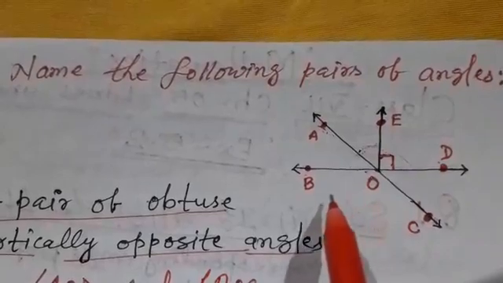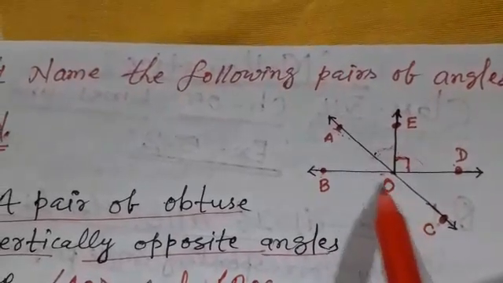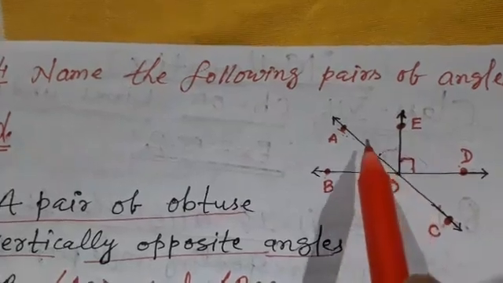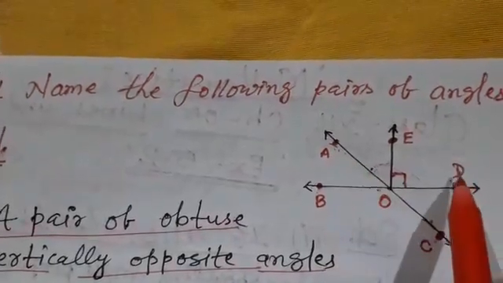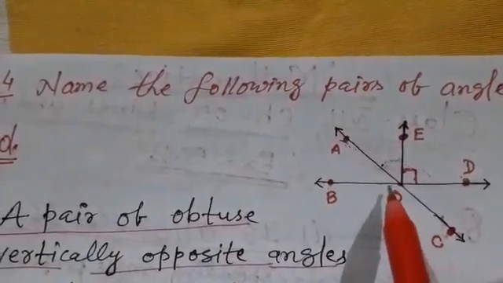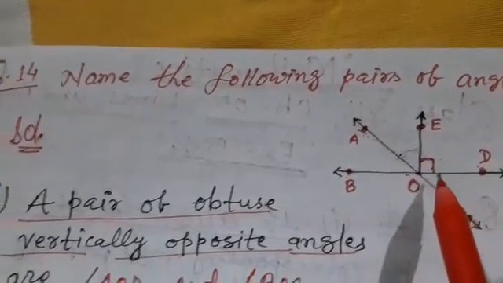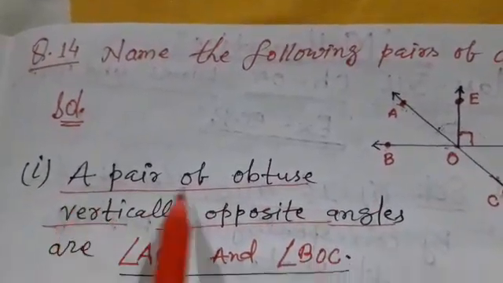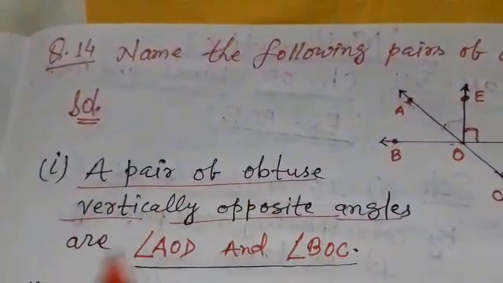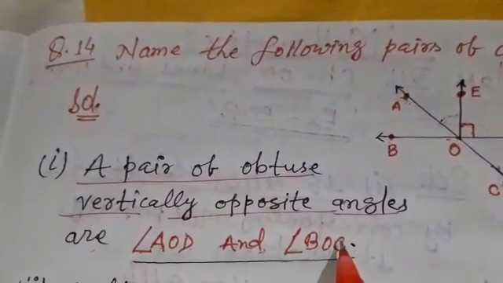Another is BOC, it is also greater than 90 degrees. So angle AOD and angle BOC are a pair of obtuse vertically opposite angles. Here the answer is written: a pair of obtuse vertically opposite angles are angle AOD and angle BOC.